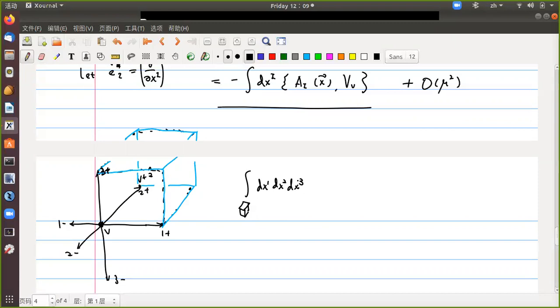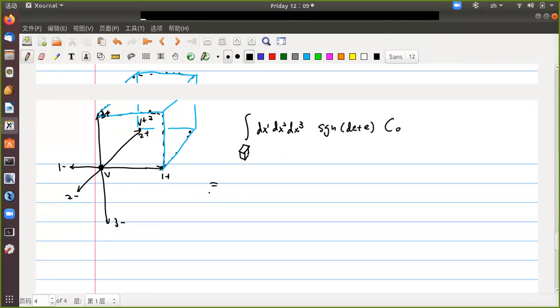As I said, our coordinates are already adapted to the lattice. So the 1 plus is a coordinate axis, and 2 plus, 3 plus are also coordinate axes. Determinant E C0. Okay, so this equals, plugging in the continuum formula, dx1 dx2 dx3 epsilon.